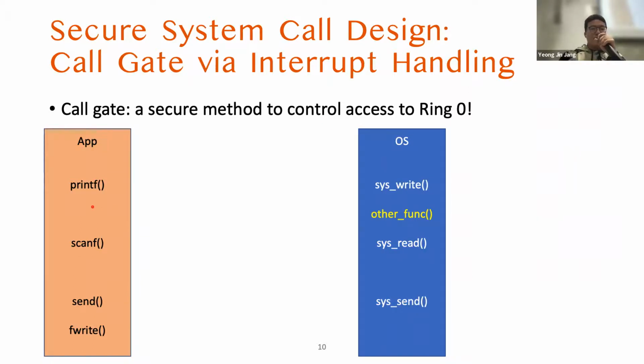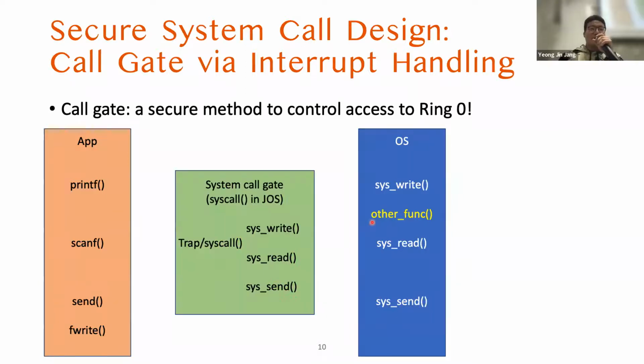What we want to do is link printf to syswrite and not allow any kind of function call to other functions. How we do that is we implement the trap and trap dispatch functions. At the trap handler, we combine all the interrupt traps into one single function and then dispatch again.